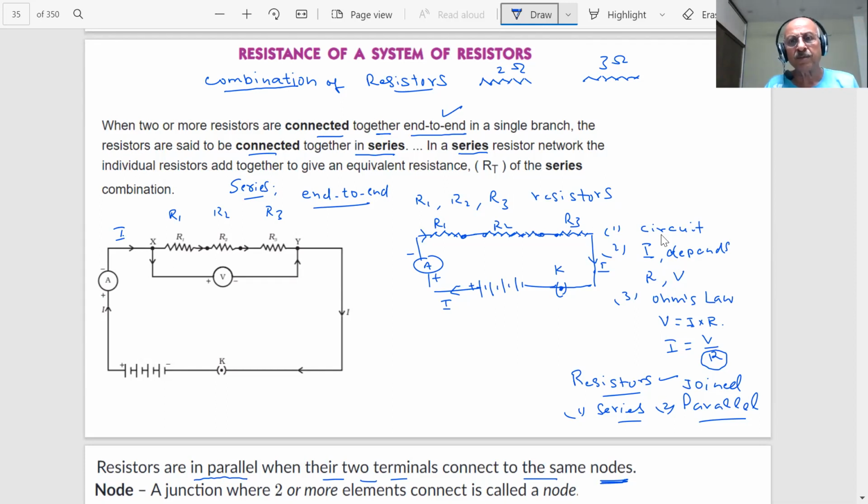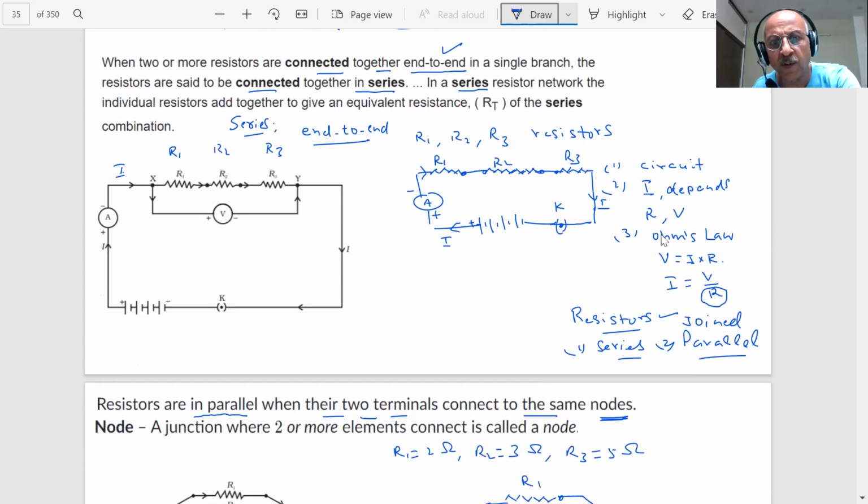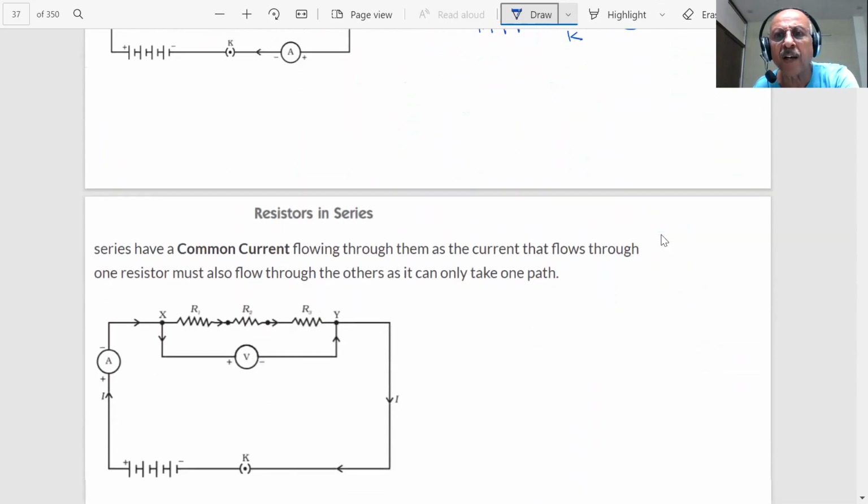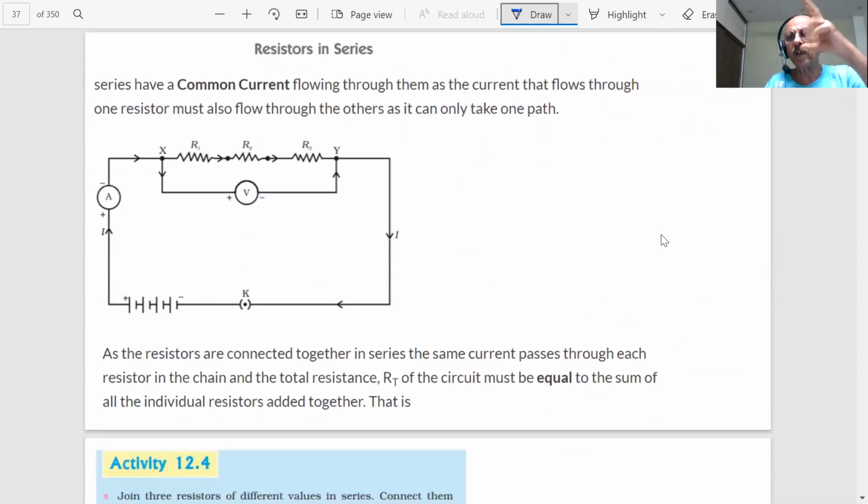So students, here I have shown you that I can connect my resistors in two ways. One is the series circuit, other is the parallel circuit. Okay? How many ways are there when resistances can be connected, student? We will see.